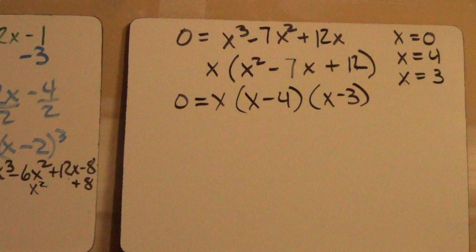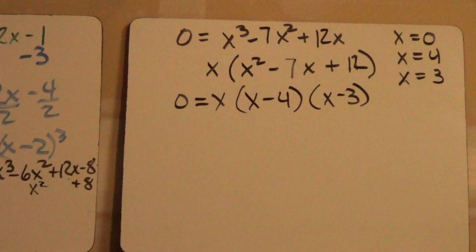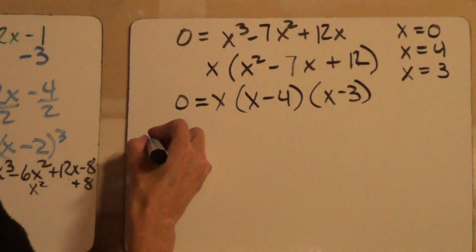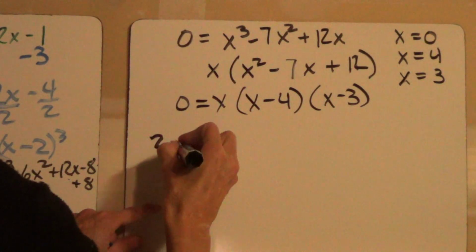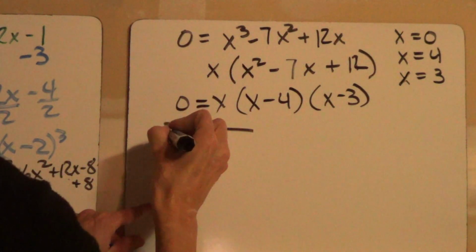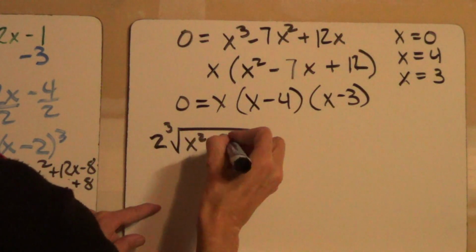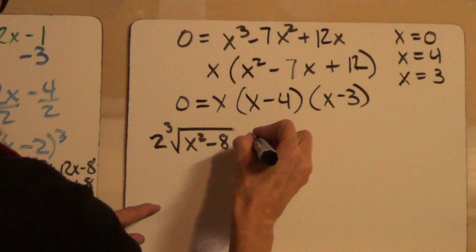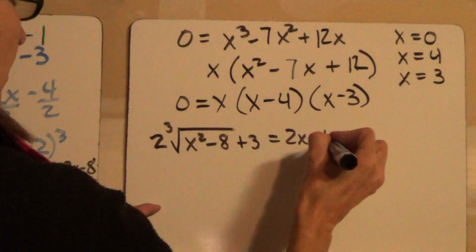Now, because of extraneous solutions, we need to plug each into the original equation, which we can't forget. That was an x squared. So it's 2 cube root x squared minus 8 plus 3 equals 2x minus 1.